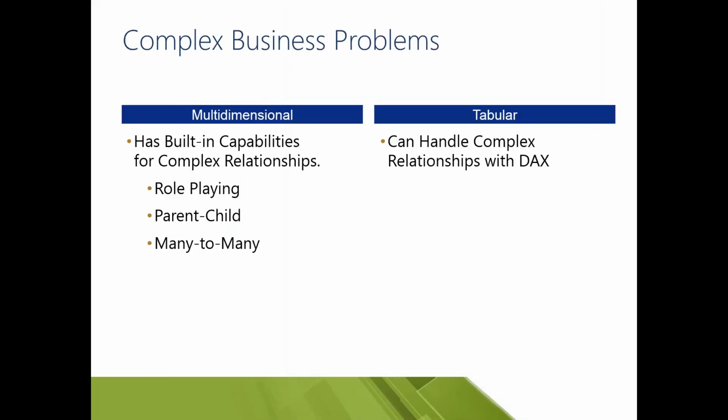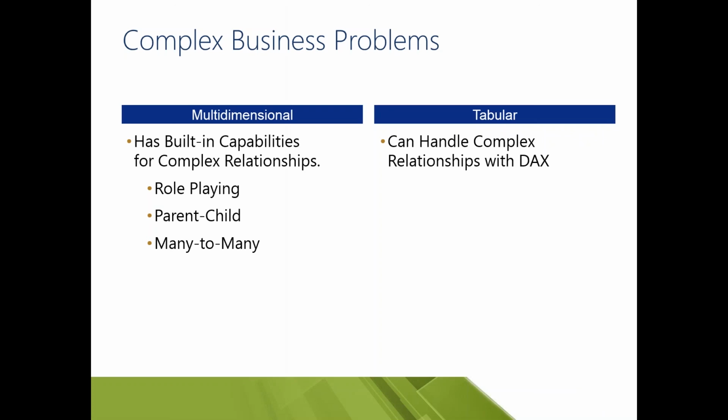So when it comes to complex business problems, if you have built-in complex relationships, like role-playing dimensions, I'll give you an example. Role-playing is if I have several different date type dimensions in my solution. I can use one date table in my multidimensional solution and reference that date table over and over.